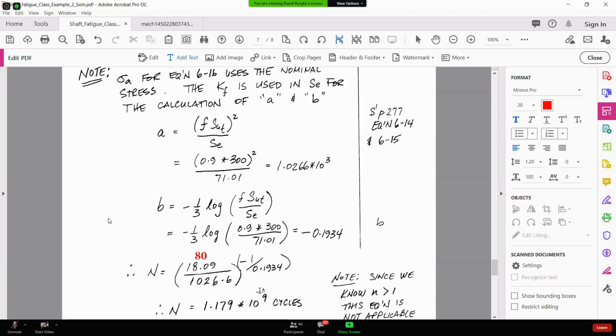Negative 0.403. Doesn't sound right. Wait, so I did 80 over 1026.6. Is that all you wanted me to do, or multiply it by? The whole thing.